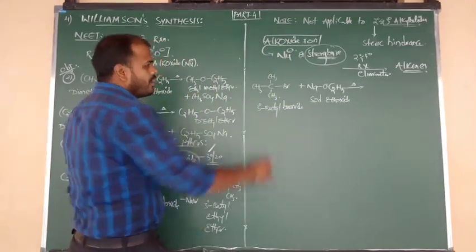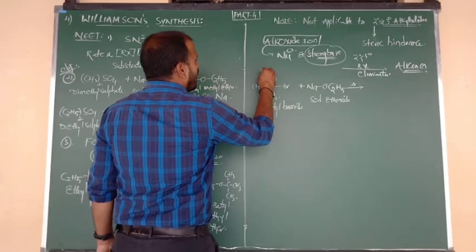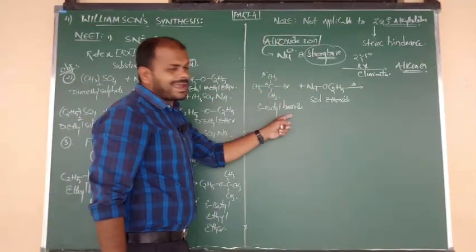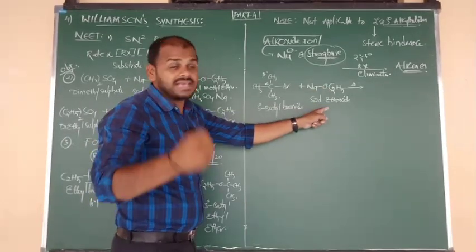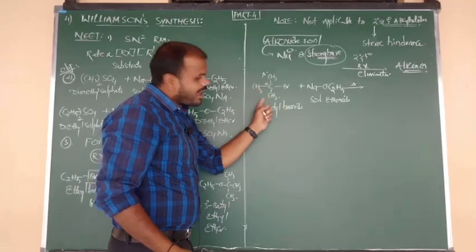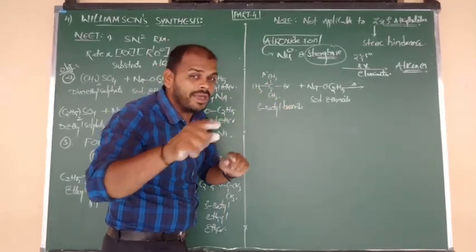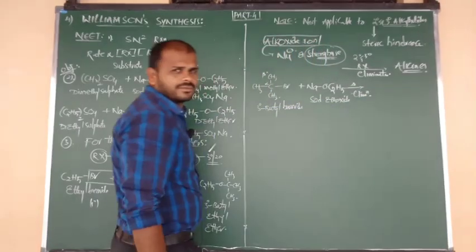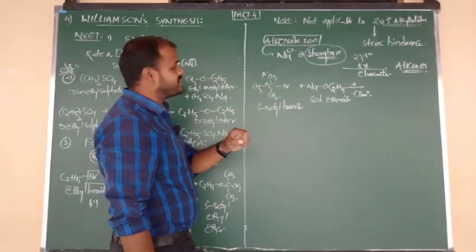Now listen carefully. The carbon bonded to the halogen is alpha, the adjacent carbon is beta. Tertiary alkyl halides, in the presence of a strong base, the alkoxide ion, and due to steric repulsions, easily undergo elimination. How does it undergo elimination?